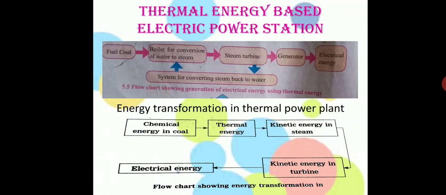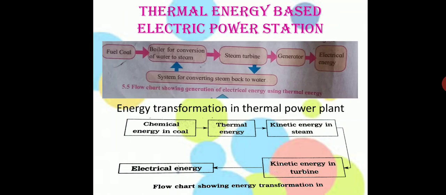Thermal energy based electric power station. Here you can see in the diagram, or you can call it a flow chart, that the turbine is rotated using steam. Water is heated in a boiler using the thermal energy released due to burning of coal. Steam of very high temperature and pressure is generated.